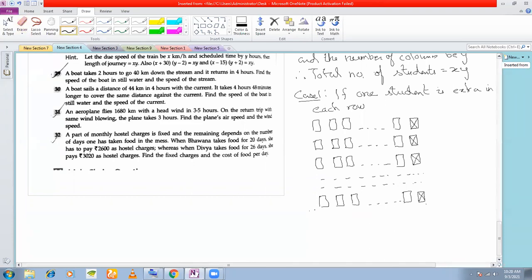Initially, I had Y columns, right? Till the extra student was added here. From here till here. How many were there initially? Y. I added an extra student in a row. So now how many columns are there? So y plus 1. Y plus 1.